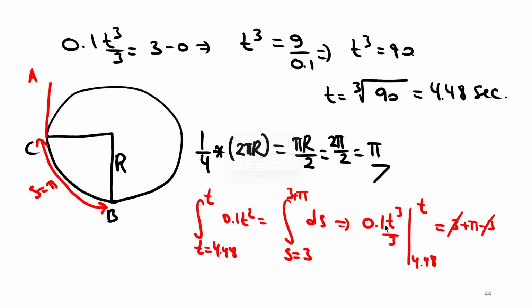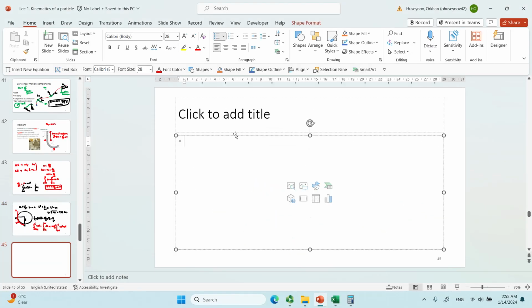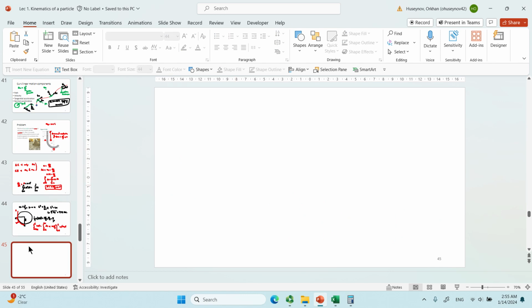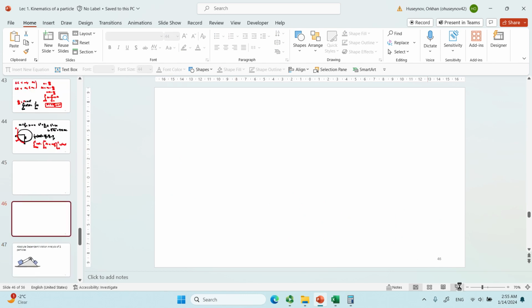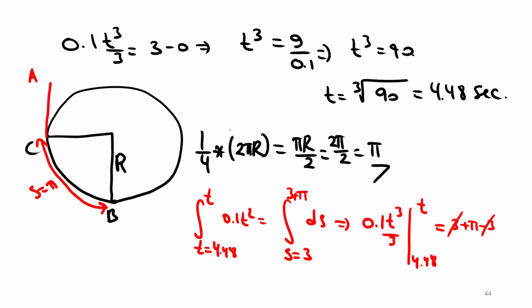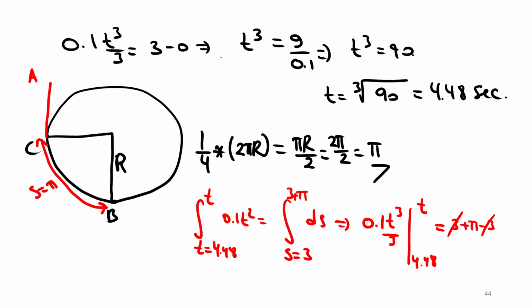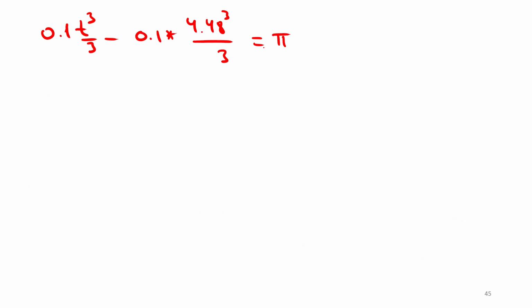So it will be 0.1 t to the power of 3 divided by 3 minus 0.1 times 4.48 to the power of 3 divided by 3, and that will be equal to pi.